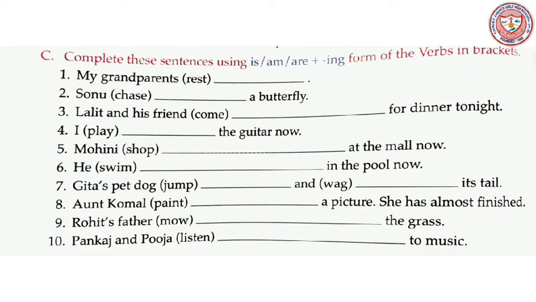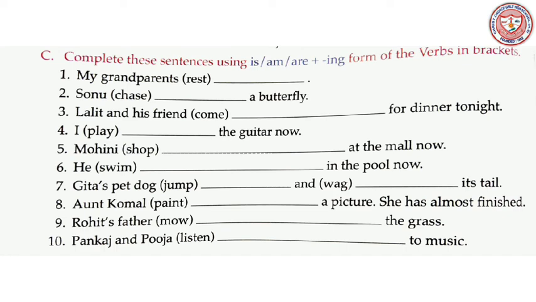Number 4. I play the guitar now. The ing form of the verb play is playing.